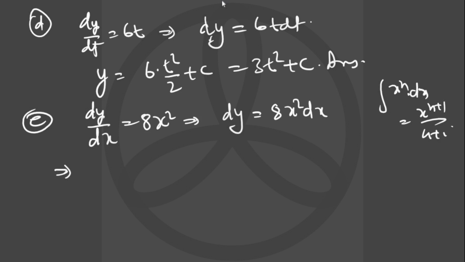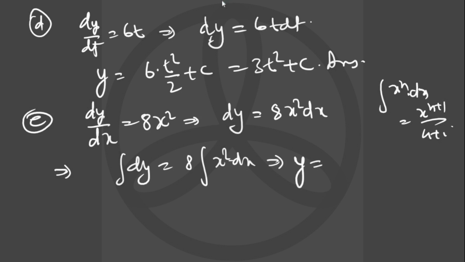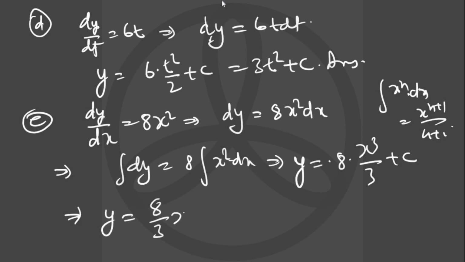Applying integration on both the sides, this is x squared dx will get us y is equal to 8 x to the power 3 over 3 plus a constant of integration c, and our answer will be y is equal to 8/3 x cubed plus c.